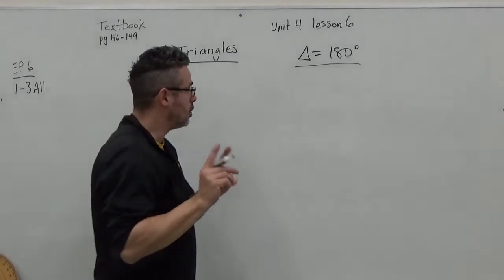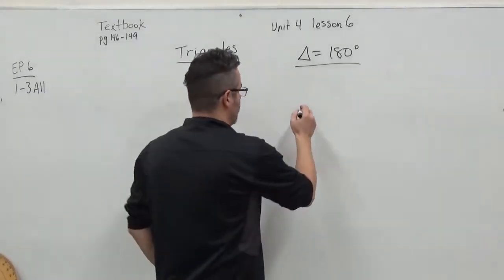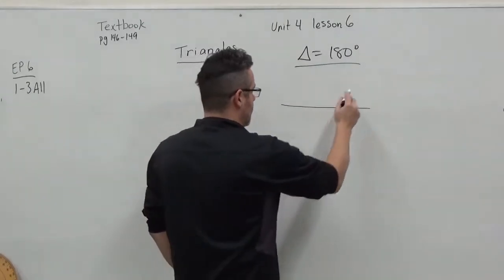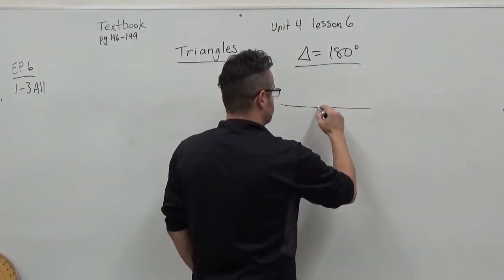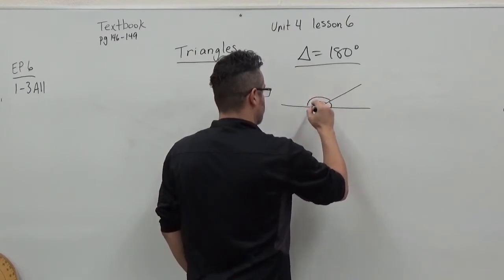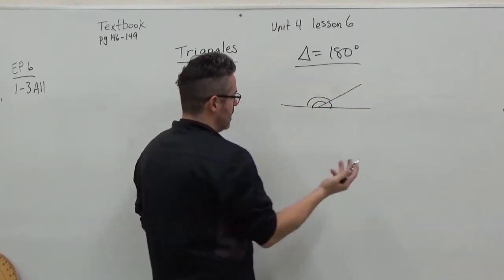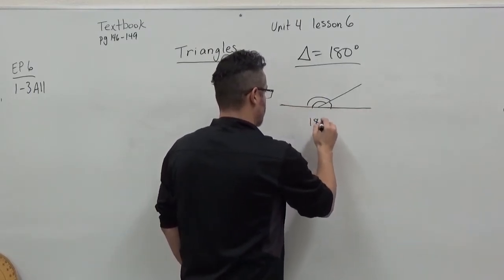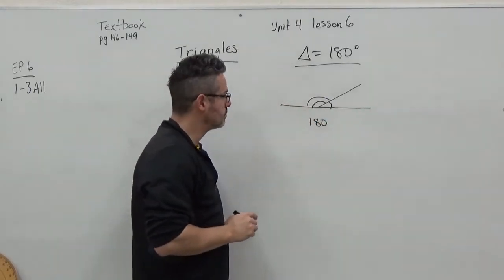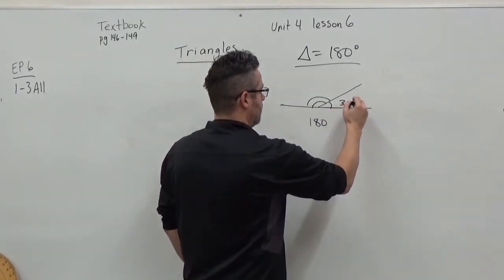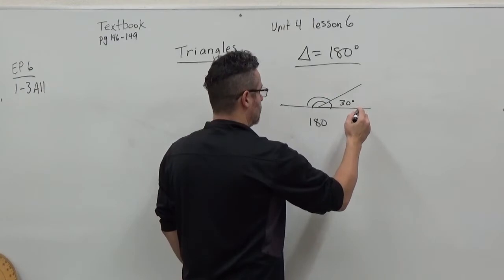We also know this, that a straight angle will add up to 180 degrees. Therefore, if I make this angle and this angle, I know that in total I've got 180 degrees.